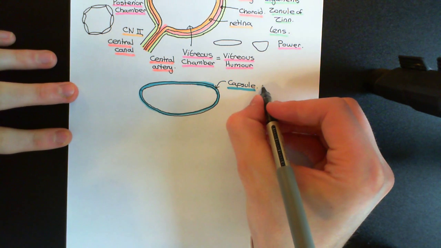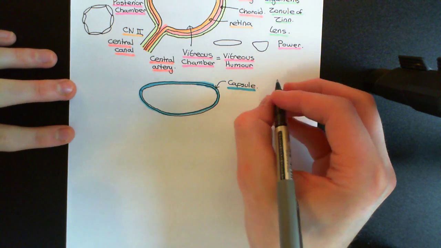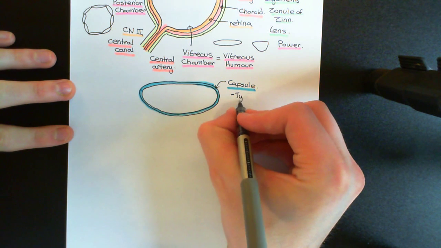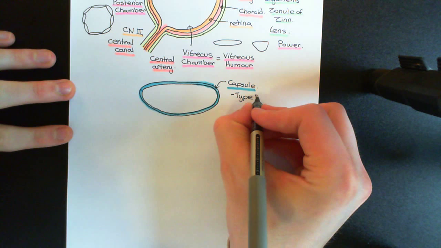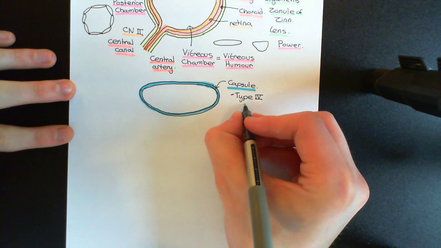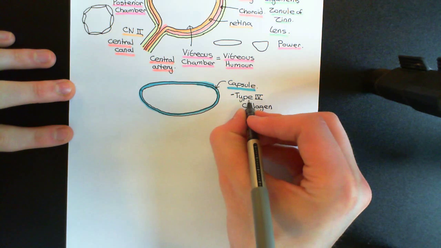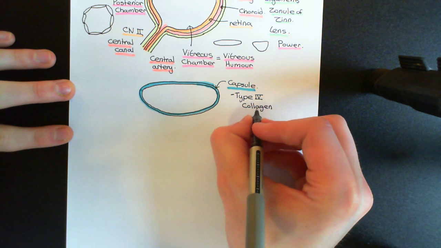The capsule is made out of lots of connective tissue, and principally one of the major types of connective tissue forming the capsule is type 4 collagen fibres. There are loads of different types of collagen. All it means is the exact proteins that are used to make the collagen.